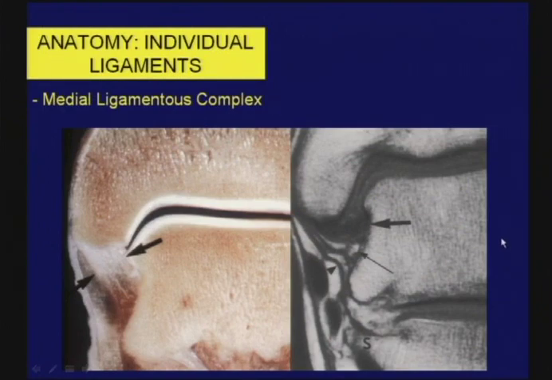Here in a cadaver, we're looking at a coronal image. This is fairly posterior. This is the deep posterior tibio-talar portion of the deltoid ligament. You always see this. You always should evaluate this. It runs medially and attaches to this concave area on the medial aspect of the talus.